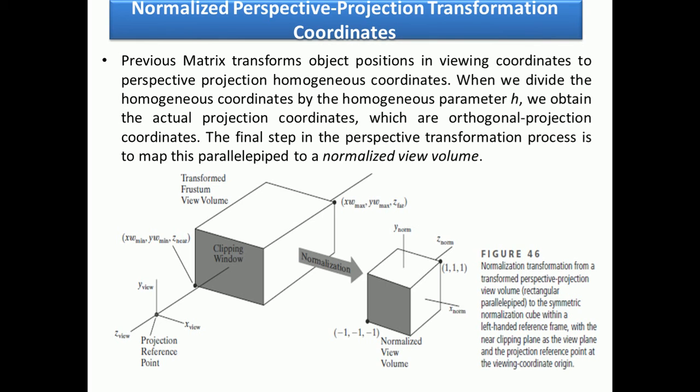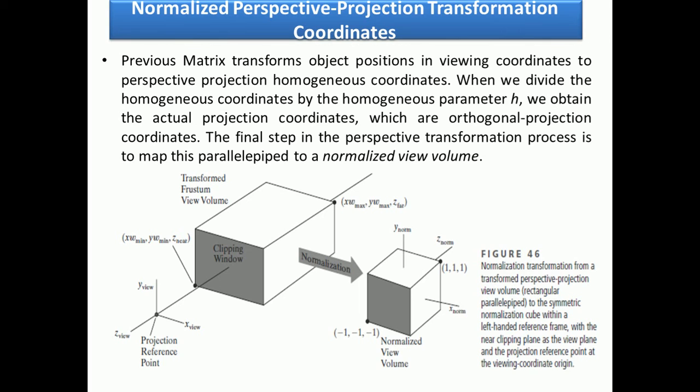We have already included the normalization parameters for the z coordinate in the perspective projection matrix, that is in the resultant matrix of the concatenation. But we still need to determine the values for these parameters when we transform to the symmetric normalization cube.